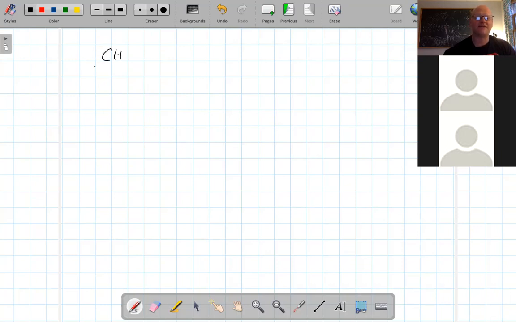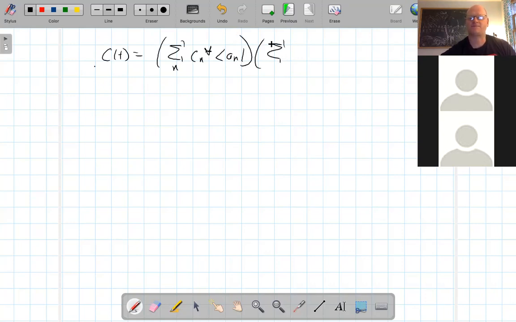So let's write C of t as the sum over n of C_n star A_n, times the sum over m of C_m A_m, times e to the minus i E_m t divided by h bar. Okay.